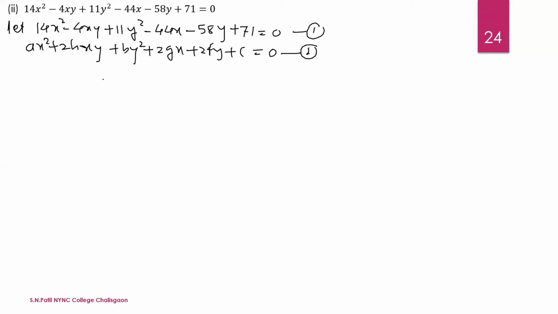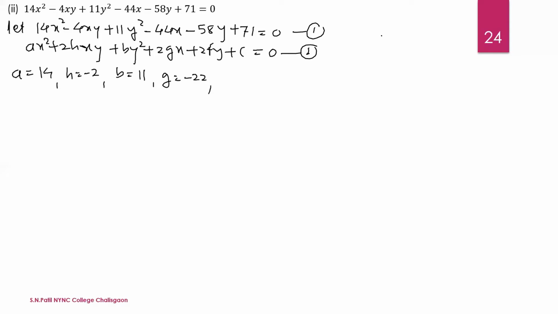Compare 1 and 2. The coefficient of x square is a, that is 14. The coefficient of xy, twice h is equal to minus 4, that is h is equal to minus 2. The coefficient of y square is b, that is 11. The coefficient of x, twice g is equal to minus 44, that is g is equal to minus 22.